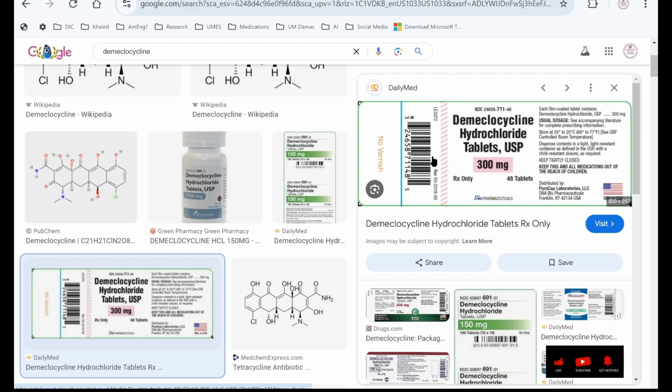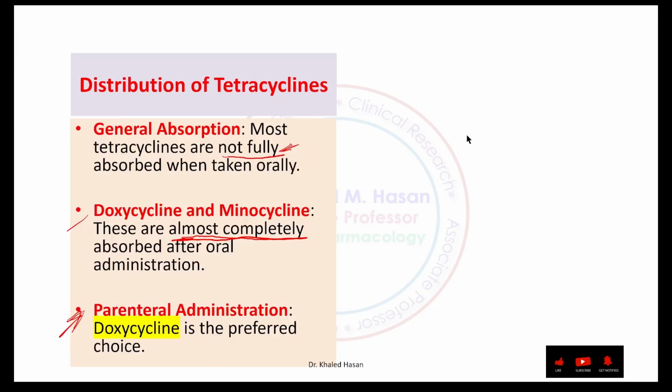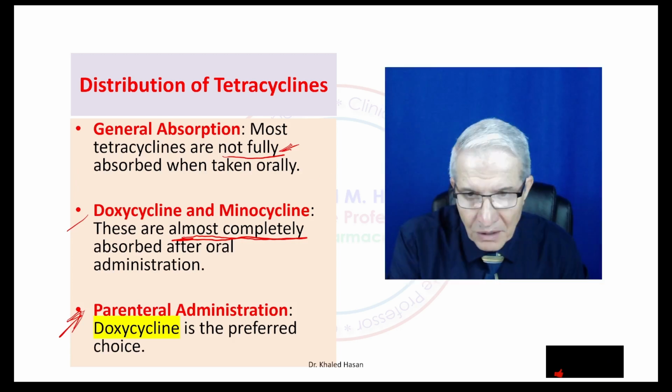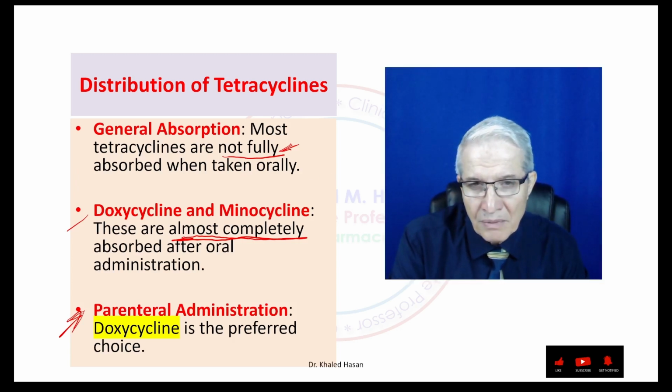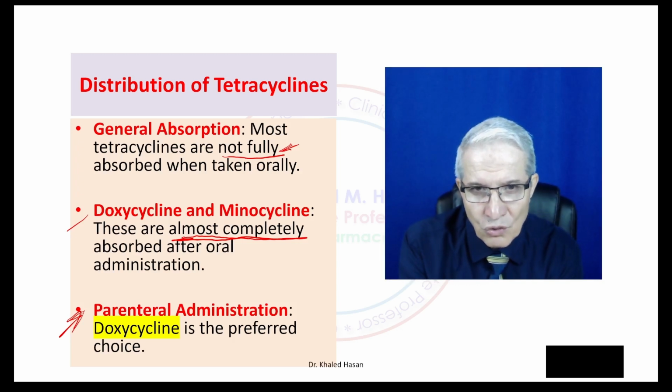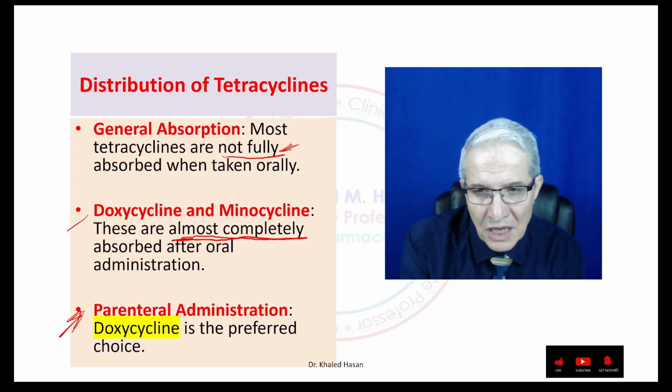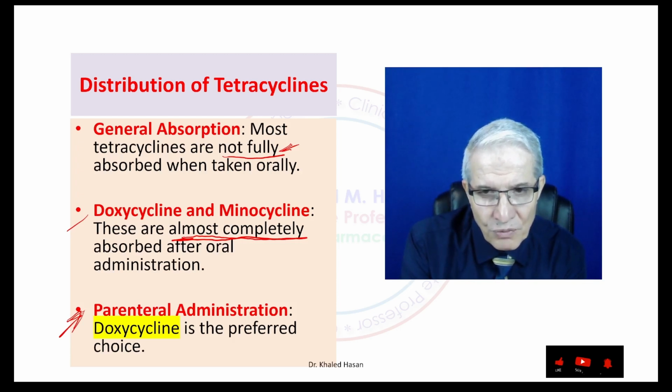I'm going to discuss that later on with you. Okay, so again from this slide, we need to emphasize that tetracycline is not completely absorbed, number one. And number two, doxycycline and minocycline are almost completely absorbed after oral administration. And number three, we have doxycycline available as an injectable formulation to treat some types of infections.